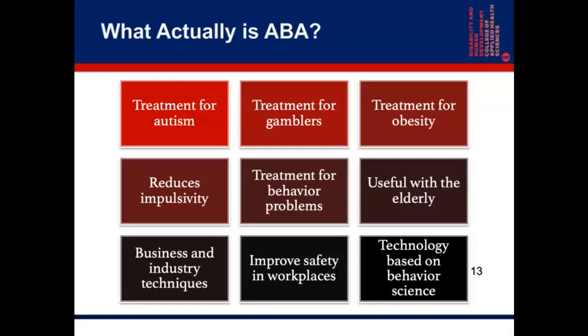But it's not just that. It's also a set of techniques that can be used to treat gamblers, treat people with obesity problems, reduce impulsivity in kids and adults, help with behavior problems like shopping too much, like poor sleep schedules, like improving unsafe rock climbing practices and techniques, getting people to do better on basketball teams, and so there's a wide variety of applications of the science of human behavior.